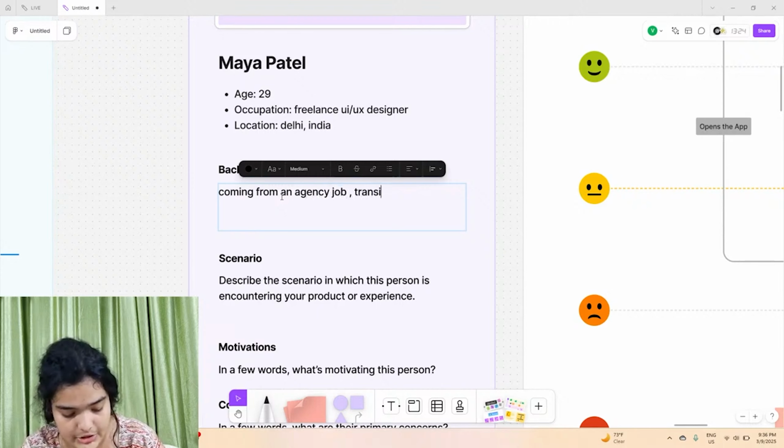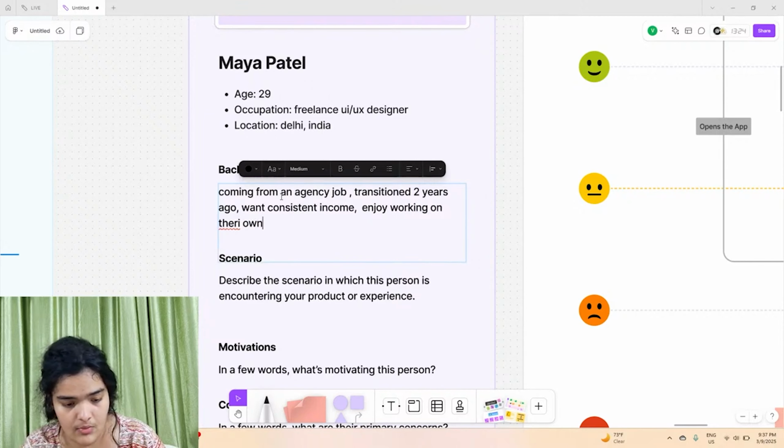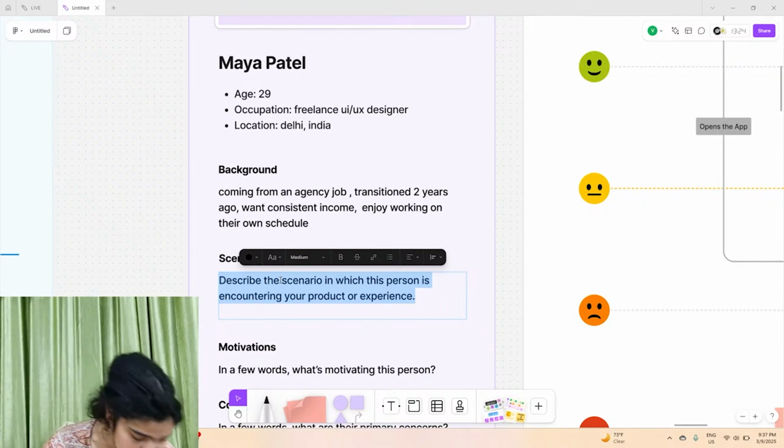They've transitioned 2 years ago and want consistent income, enjoy working on their own schedule.